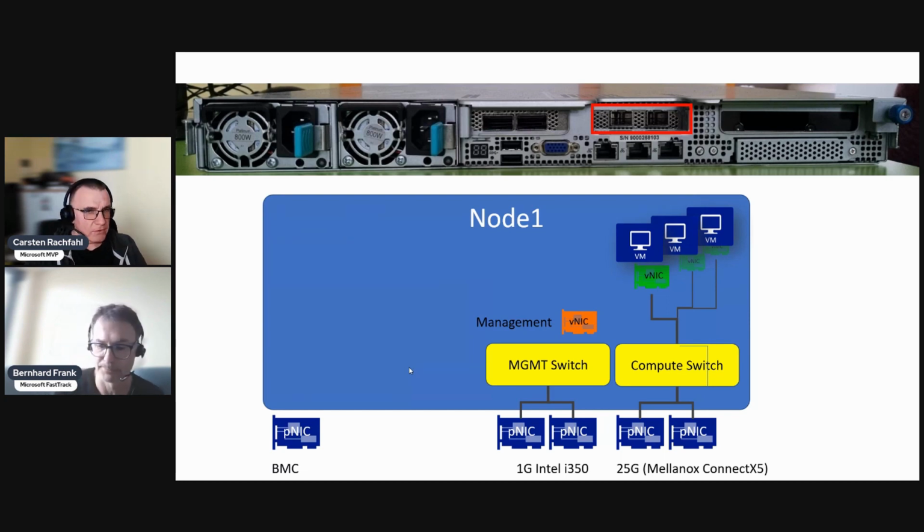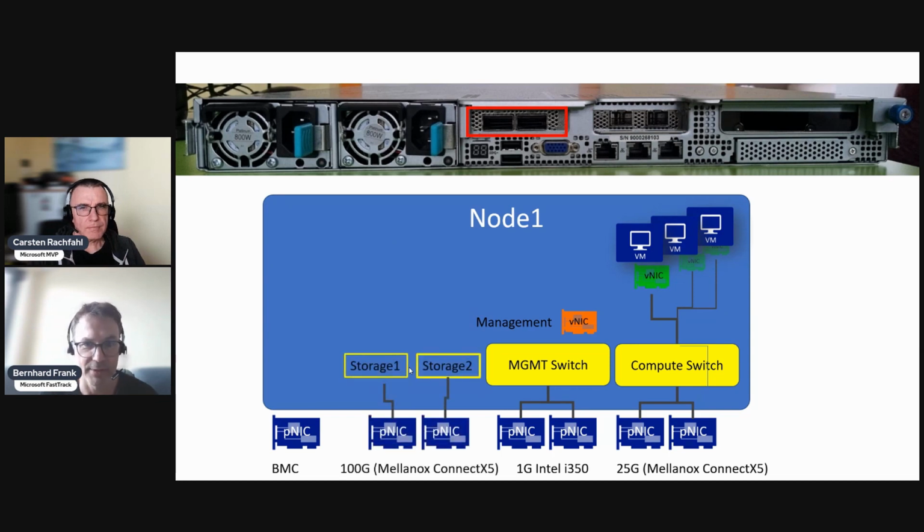Exactly. Okay. And then we have two more ports. Yes, these are these guys here, the bigger ones, and as you can imagine, bigger size in the plug means bigger throughput. So bigger bandwidth. Yeah, this is a dual port 100 gigabit adapter. And a fun fact, this is a Mellanox ConnectX-5 card, a PCI Express 4 card.